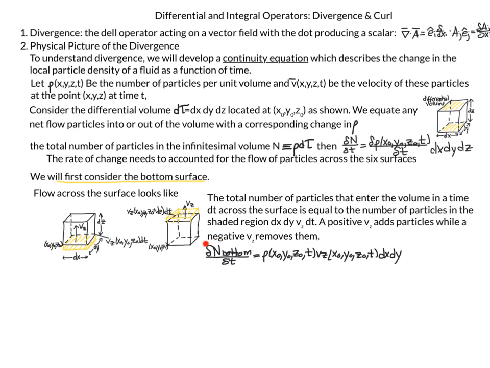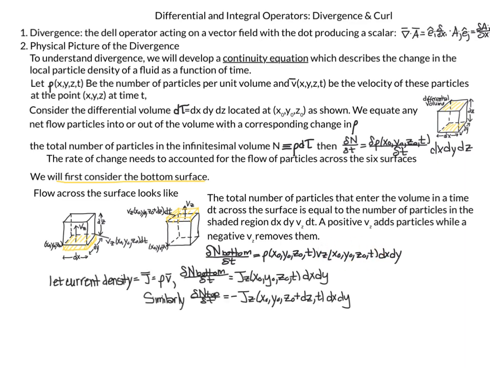So looking at the change in number of particles for the bottom, dN bottom over dt, is equal to our rho, our density, times our dx, dy, and here is our dz, our v of z. And now just to simplify our notation, since rho and v of z both depend on the same variables, x naught, y naught, z naught, t, we're going to combine these two into our current density j vector, which is equal to rho times our v vector.